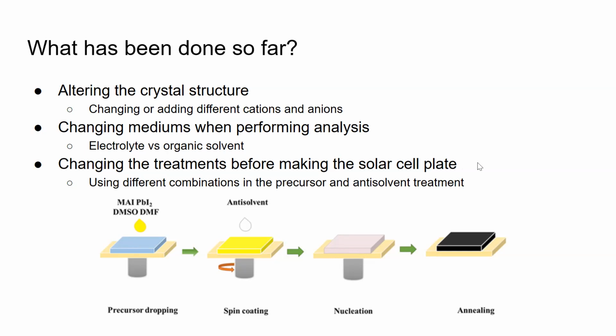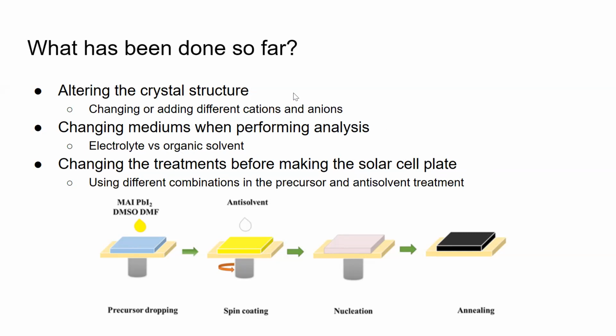And then changing the treatments before making the solar cell plate kind of comes after, okay, we have this crystal structure, it performs this well. Okay, we found these mediums, it performs this well. And then ultimately the treatments, and you'll find, okay, in the end, this is like the final product, and it performs as best as possible based on altering all these things. Now, not all papers consider all three of these.